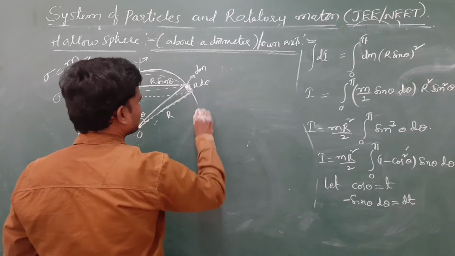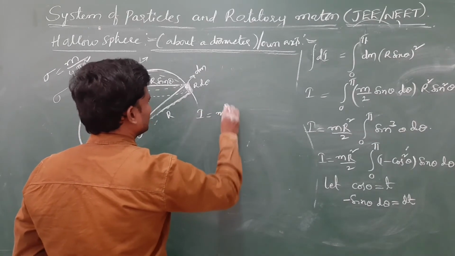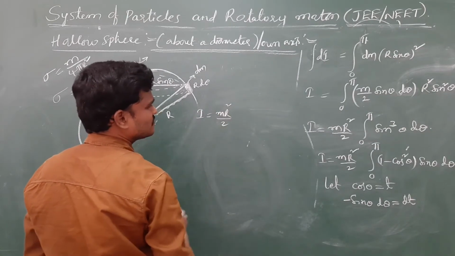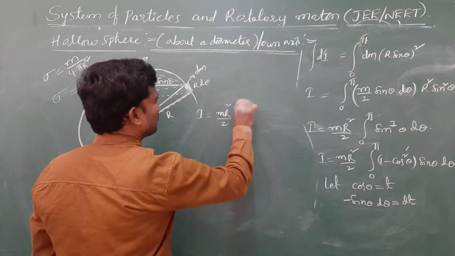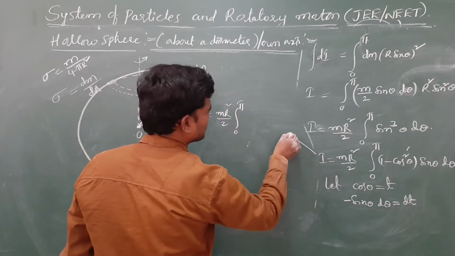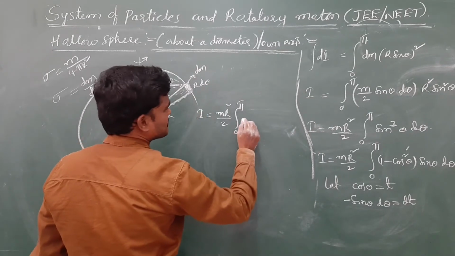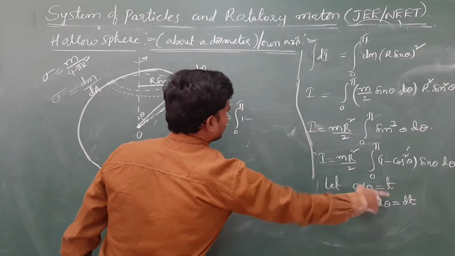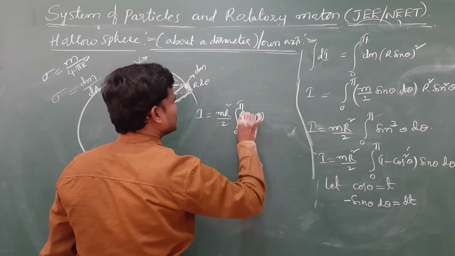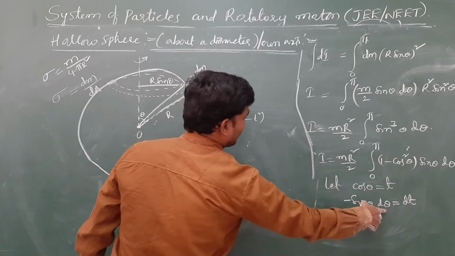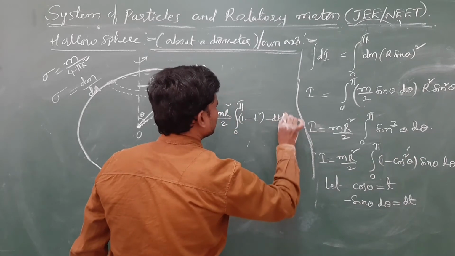So I is equal to m r square by 2, integral 0 to pi. I am using this step: 1 minus cos square theta, nothing but 1 minus t square, and sin theta d theta, nothing but minus dt.